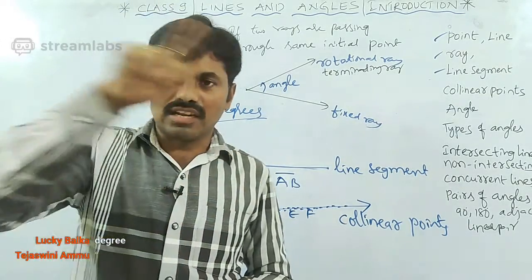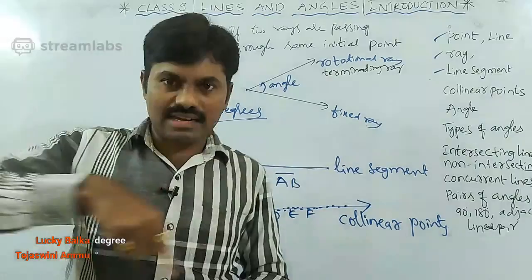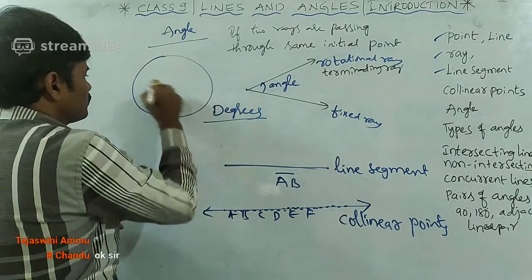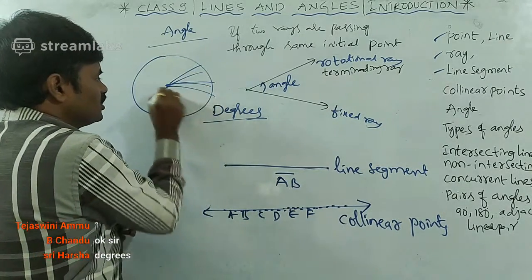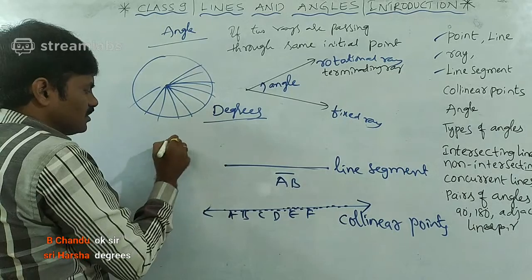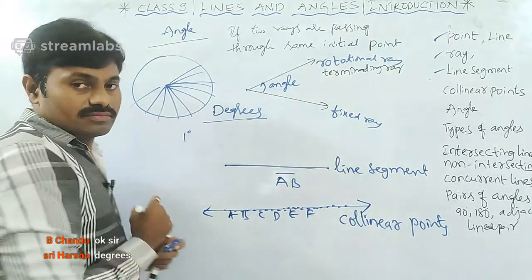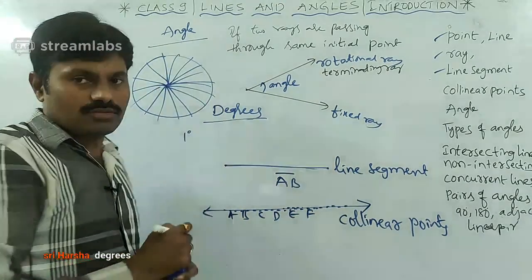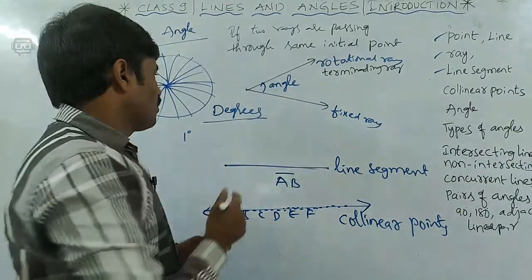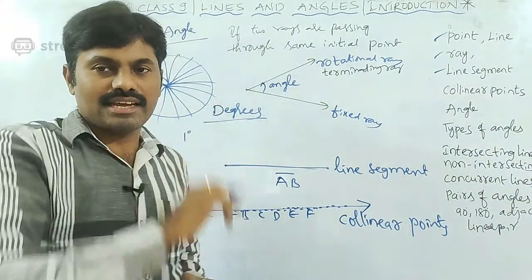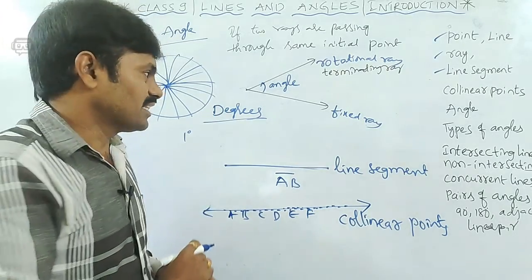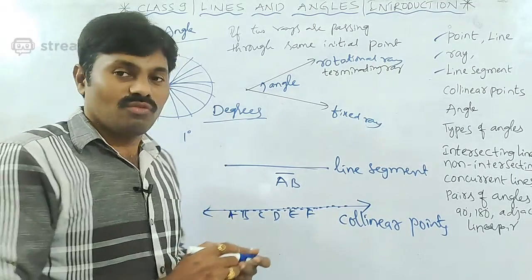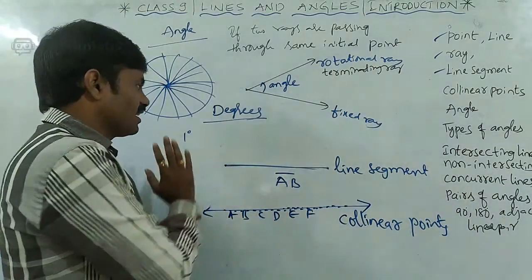In the circular protractor, if you divide the total circle into 360 parts, each part is called 1 degree. Clear? So 1 by 360th part of a complete circle is 1 degree.